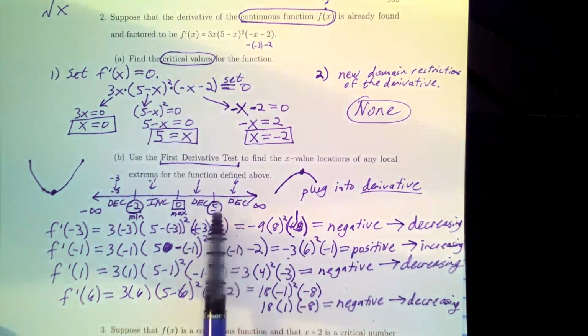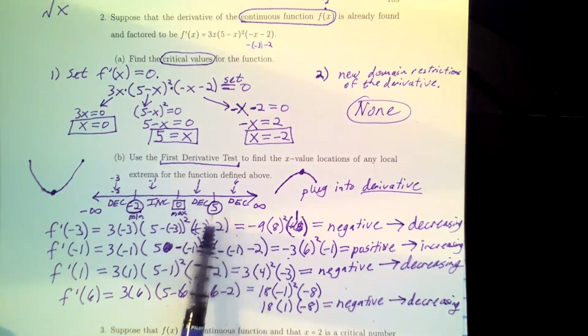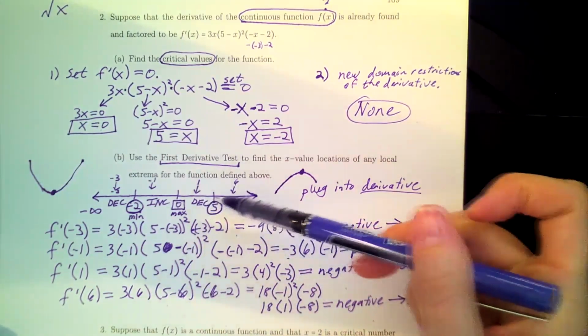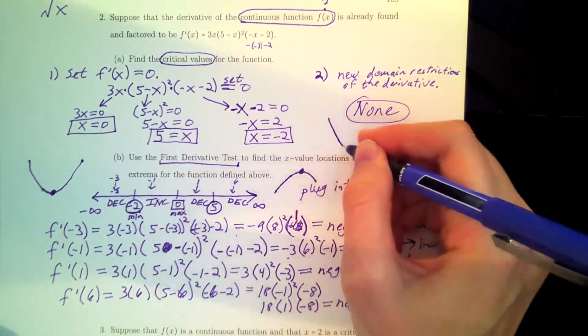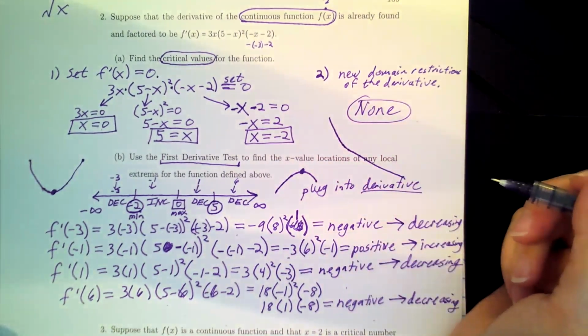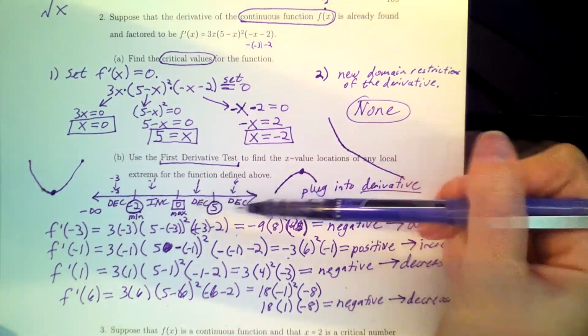Now that we know what's going on the left side and the right side of 5, we can make a conclusion about what's going on there. Is it a max, a min, or neither? If my function's decreasing on the left side of 5 and it's still decreasing on the right, there was no turning point. There was no change. It just kept going right on down. For turning points, there has to be a switch from either decreasing to increasing or increasing to decreasing.